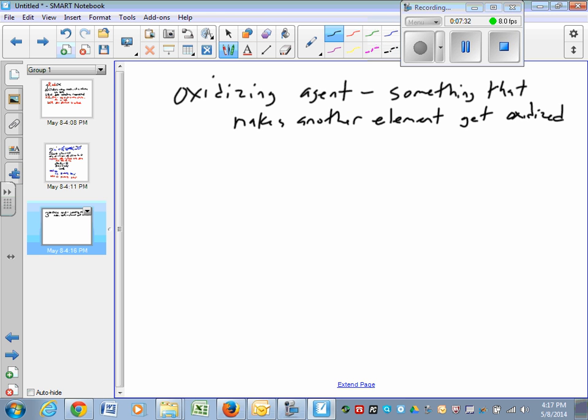So that means that the reducing agent is the thing that got oxidized. And the reducing agent is something that makes another element undergo reduction.